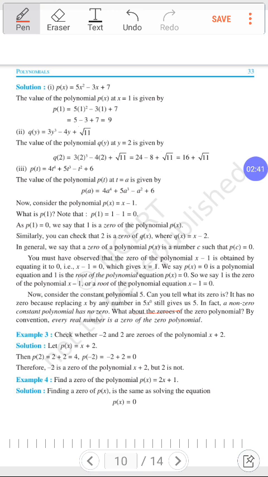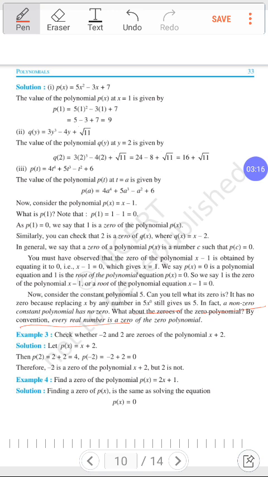so what happens? In fact, a non-zero constant polynomial has no zero. Why? Because when we are keeping power 0 of the variable, then for any value of x it will become 1. Anything with the power 0 becomes 1. And 1 into something like 5, it will become 5. It will not become 0.